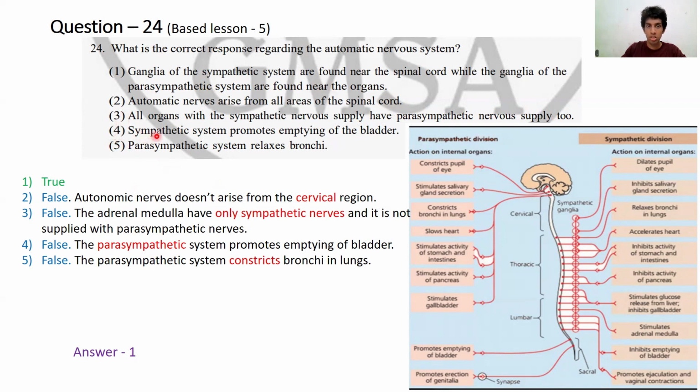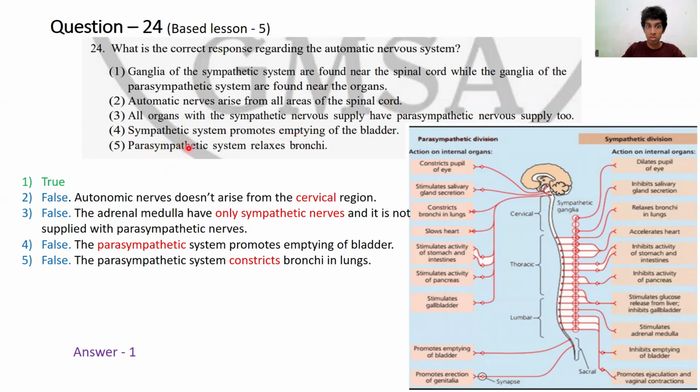Fourth one, sympathetic system promotes emptying of the bladder. No, the parasympathetic system promotes emptying of the bladder. The sympathetic system inhibits emptying of the bladder. Fifth one, parasympathetic system relaxes bronchi.